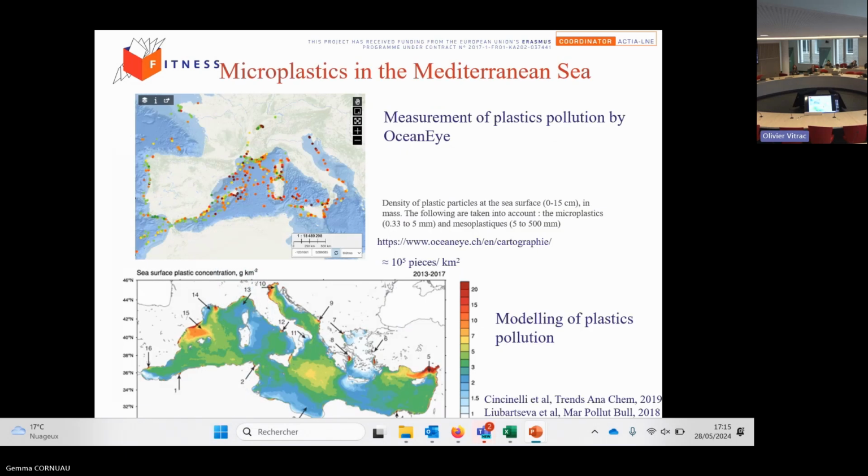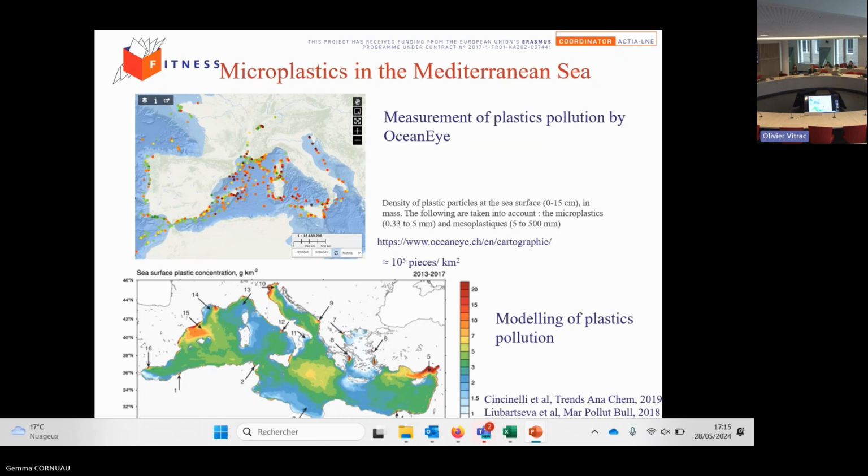And because in the UN document, Europe was always masked, I was using another cartography from OceanEye. OceanEye is a non-profit organization from Switzerland, and they are doing their own missions, but they're also collecting plastics pollution data all around the world, though they're very much centered on the Mediterranean Sea.